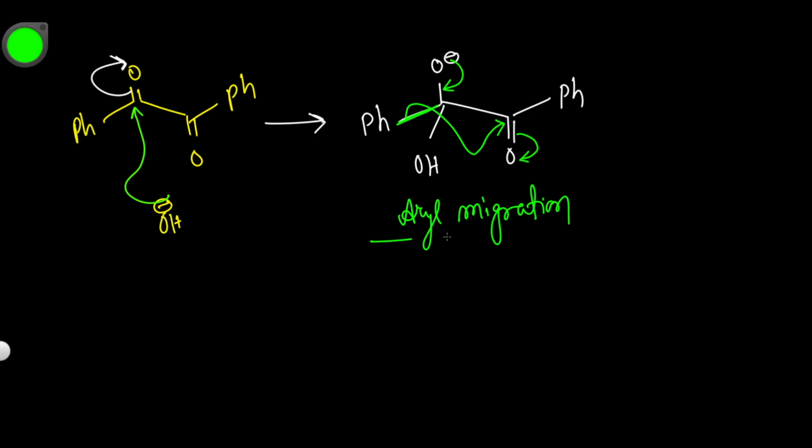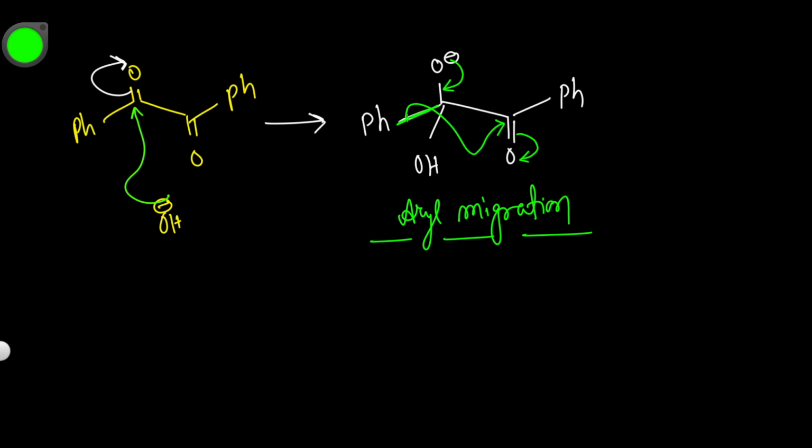Ph is aryl, and that's why we say that in this step there is a migration of aryl happening. How is it so? Because the O minus charge will come back, and the carbon has only four valency, so the Ph has to migrate. Where will it migrate?